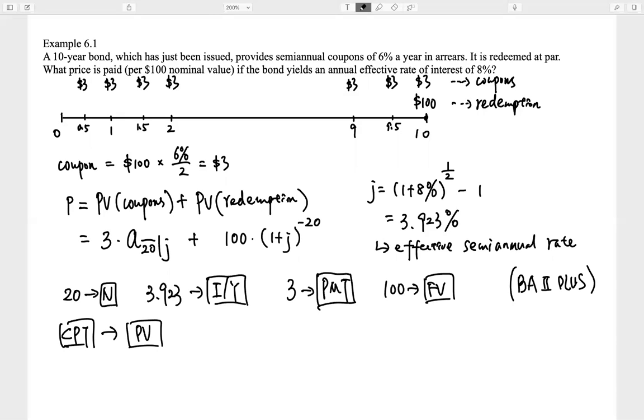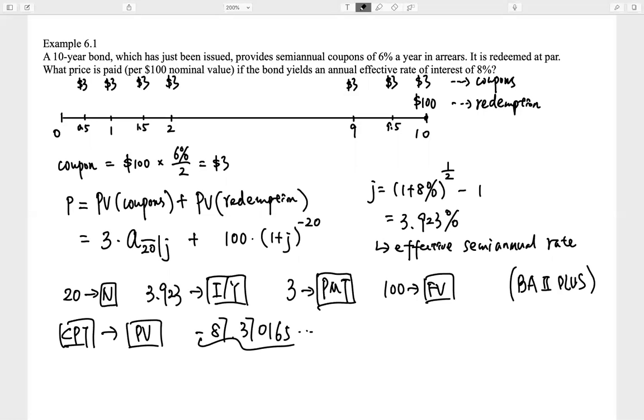So for instance, let me give it a try. Let me remove everything. 20 is the number, 3.925 is the interest rate, 3 is PMT, 100 is future value. I compute my PV, and it is a negative value, 87.370165, etc. So this is negative, meaning this is the price you're going to pay, right?